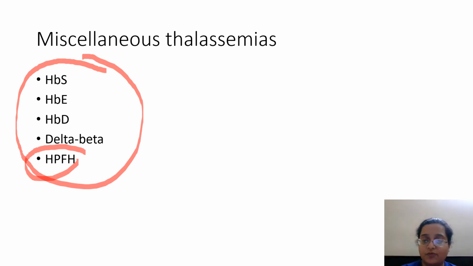It is very fast moving, and this is missed at times by inexperienced pathologists. So this is very fast moving hemoglobin, giving a very early fast peak. I'll discuss that when we read HPLC. So that is the importance of this hemoglobin, and I'll tell you the importance of others in that HPLC lecture.